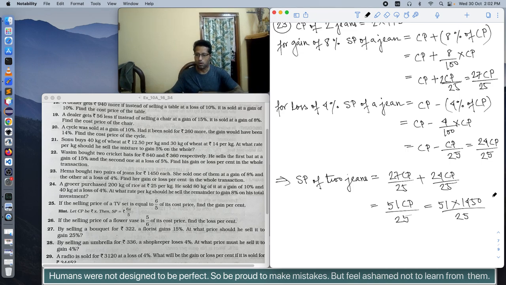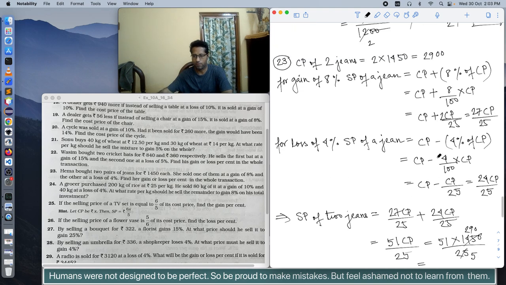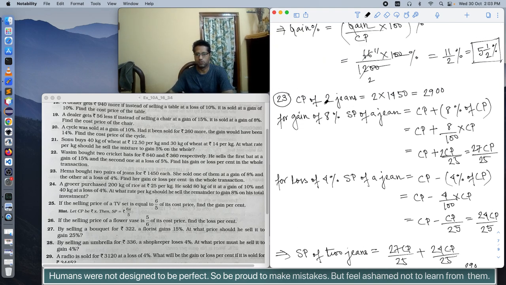Okay. So now this is how much? 25. 290. Now, instead of putting the value of CP, I think it would have been better not to find the absolute value.